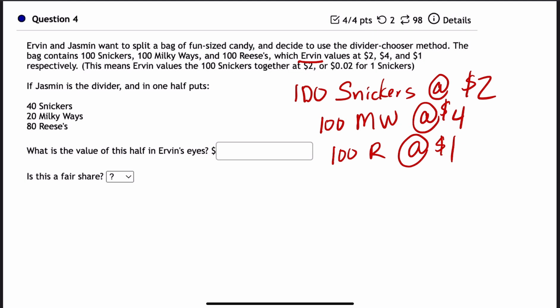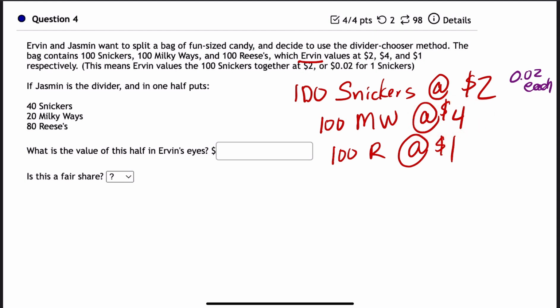Well, $2 is 200 pennies, and there's 100 Snickers. So 200 pennies divided by 100 Snickers would give us 2 pennies. So this is actually going to be 2 cents each. Same thing for Milky Way.